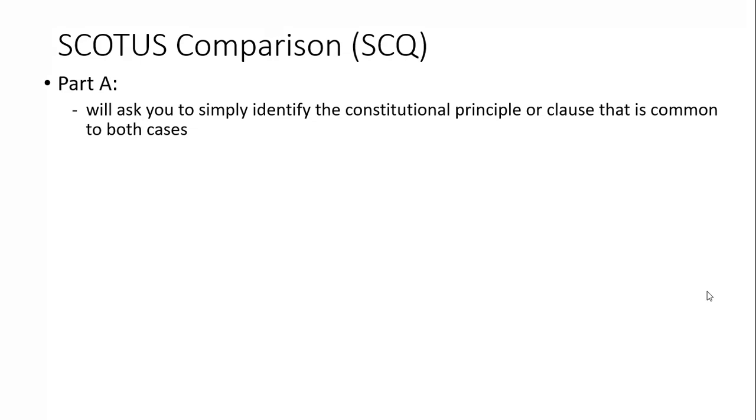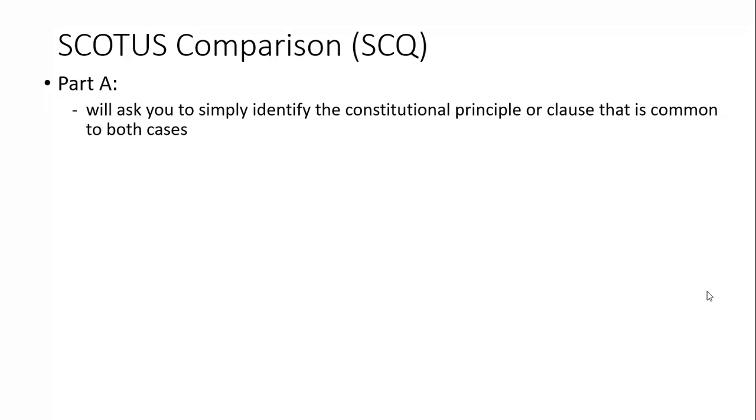That's why I said when you brief the brief, you should note what was the clause or the principle that was in that case. Now also be careful. A few, just maybe a couple of the must-know cases that we studied involve multiple clauses or a clause and a principle of government, like federalism.